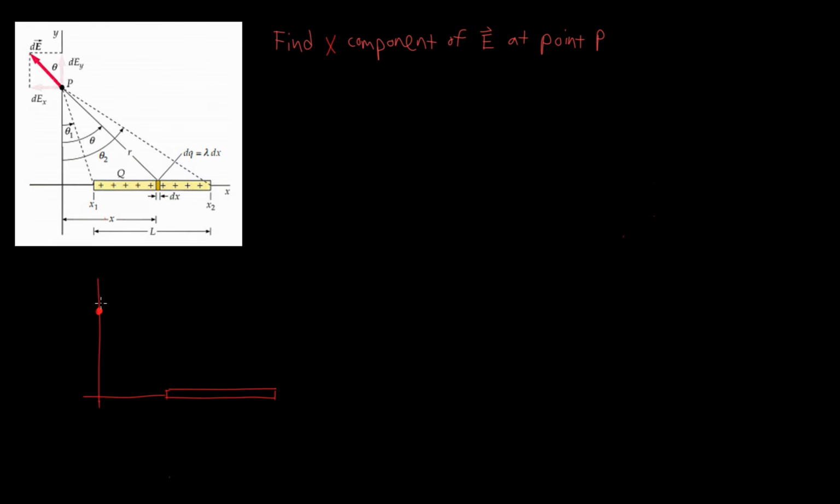And we want to find the electric field due to this line of charge at this point P. And so the equation that gives us the electric field at this point is just given by the electric field is equal to the electric force between two charges divided by the charge Q.